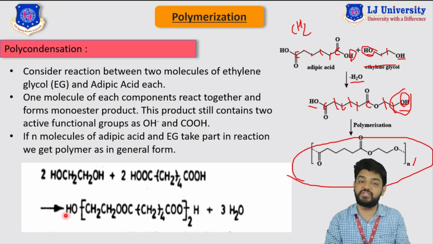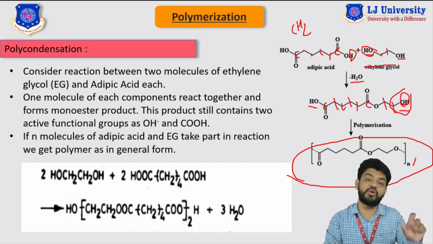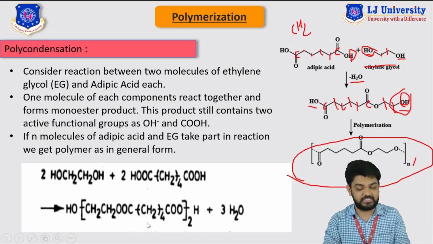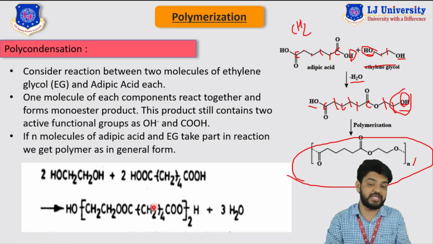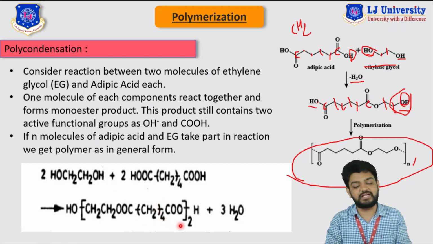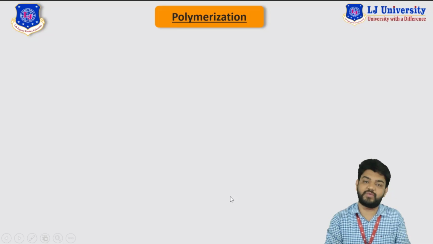One end is attached with the OH group while the other is attached with the COO group of the adipic acid. Here we have 4 CH2 groups and lastly it is attached with this COOH, right? And it will ultimately produce n number of H2O as well.